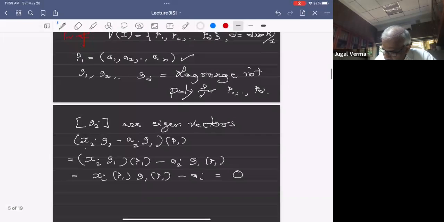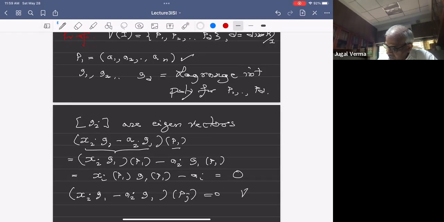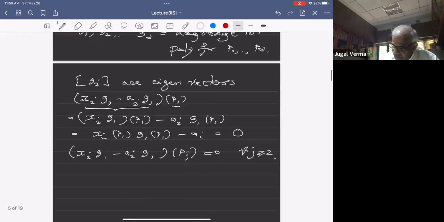So this polynomial vanishes at the point p1. Similarly, I can show it also vanishes at p_j for all j. Same thing, because g1 at p_j, when j is not equal to 1, is 0. So this is clearly satisfied.